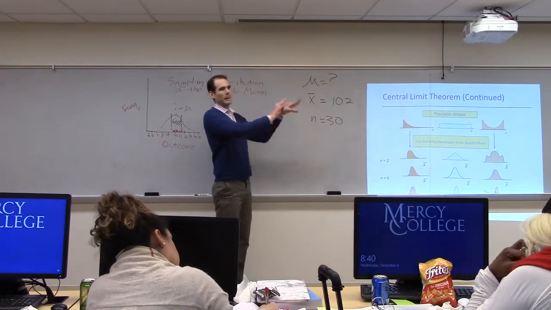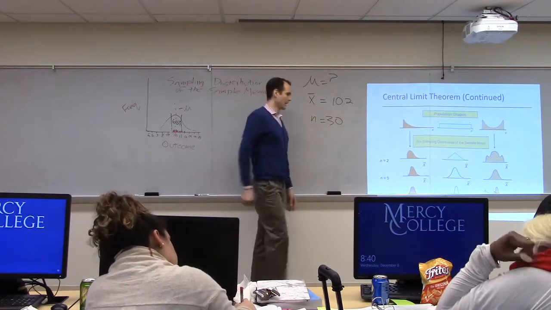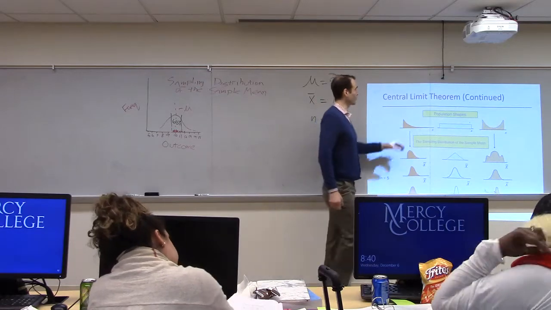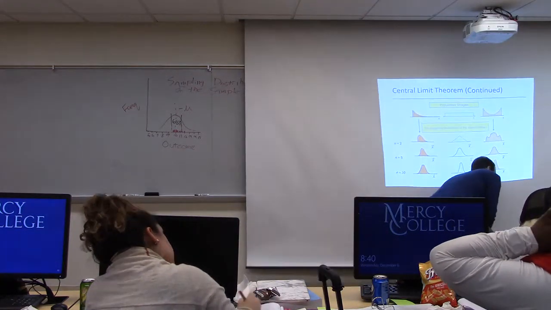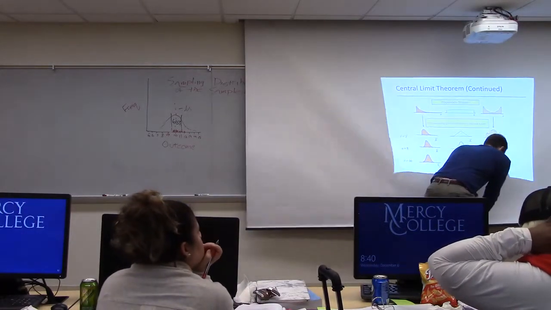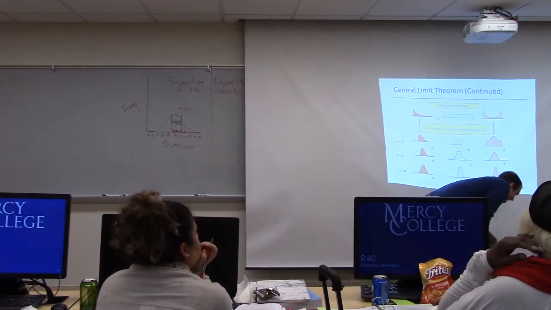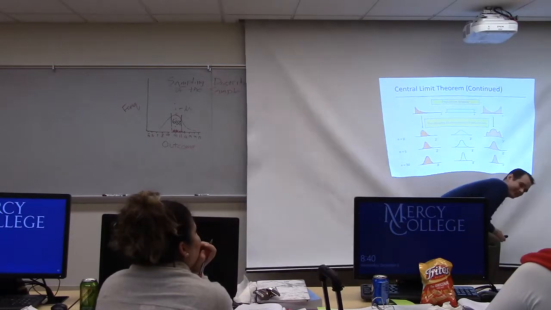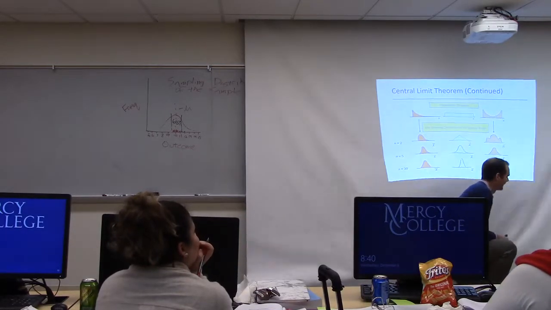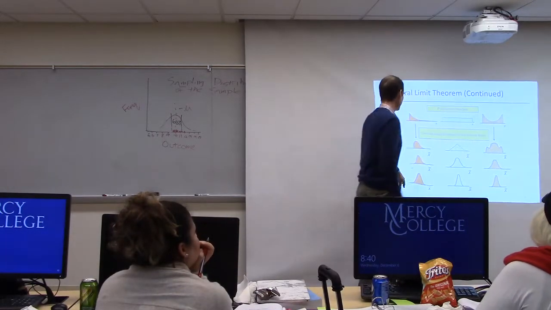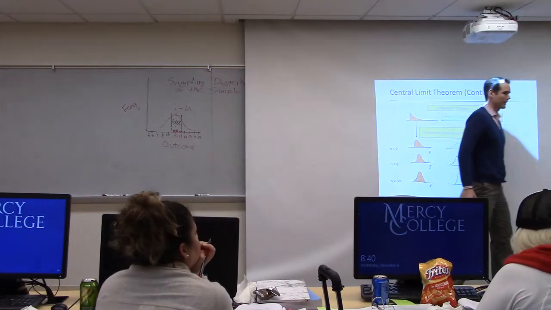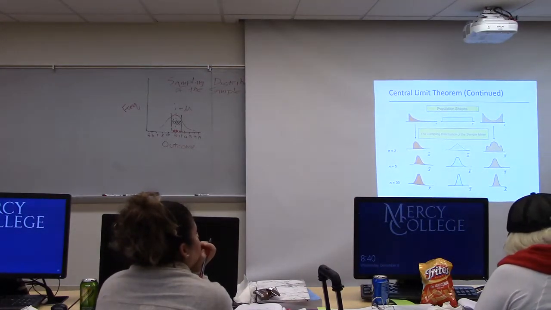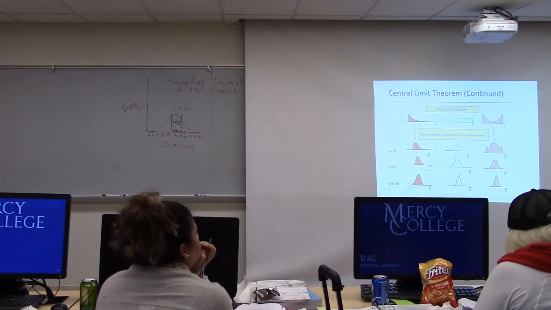All of those parent populations have a mean, and as long as we take a sample of 30 or more, the sampling distribution of the sample mean will be a perfect bell-shaped normal distribution.